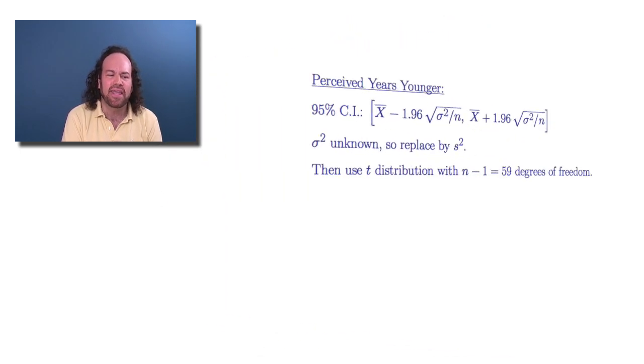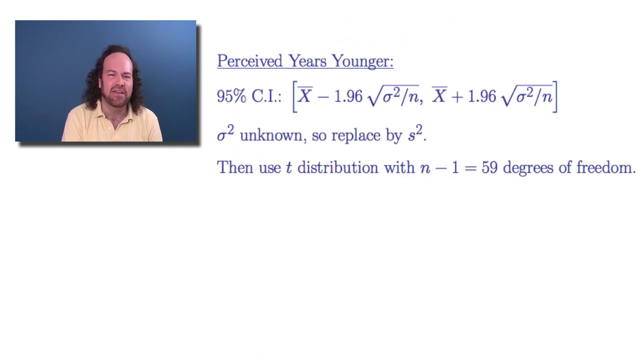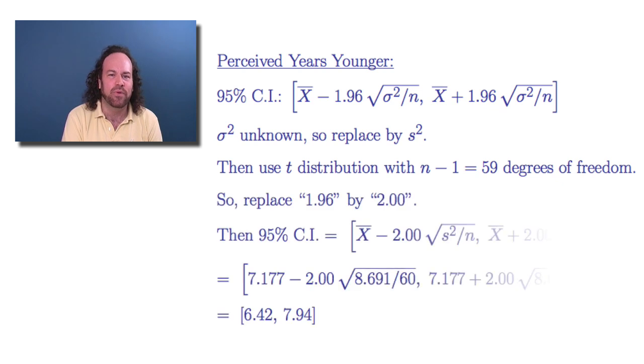So returning to our calculation, we can say we've still got that same confidence interval, except we need to replace that 1.96 by a 2.00. And then we can compute the confidence interval the same as before using our value x bar and also using this s squared value. And when we plug in the numbers for that data, here's what we get.